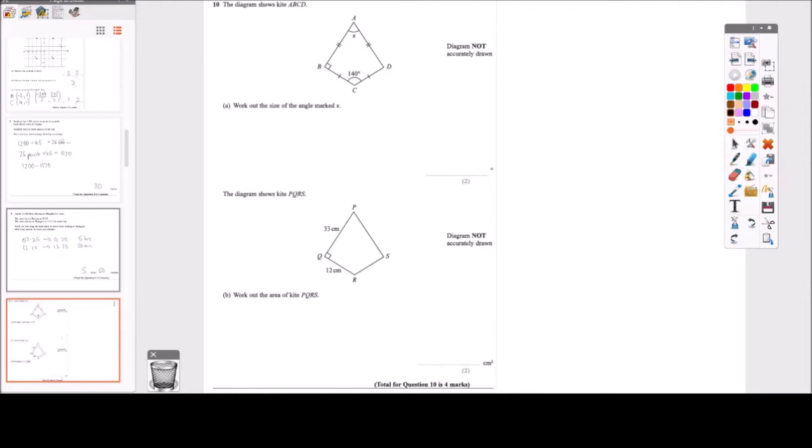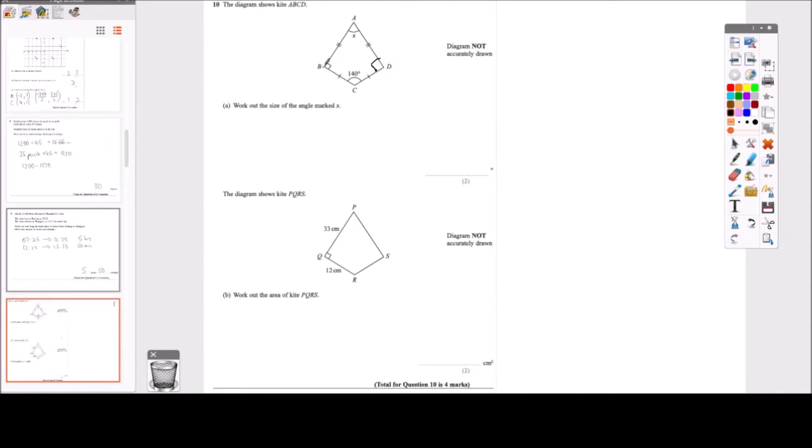Question 10. So work out the size of the angle marked x. Now this kite is a four-sided shape, so the angles are going to add up to 360. Any quadrilateral adds up to 360. And because it's a kite, these two angles here are going to be the same. So that angle there is also 90 degrees.